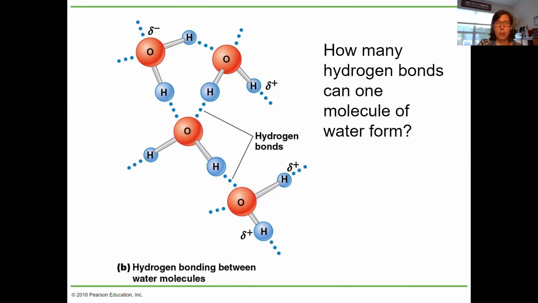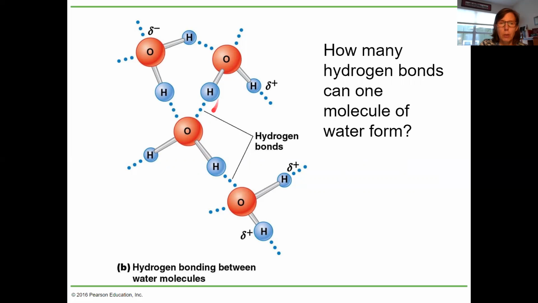All right, so I'm posing a question to you. How many hydrogen bonds can one molecule of water form? Okay, this oxygen, hydrogen, hydrogen, these 3 atoms form the molecule water. Now, molecules of water can associate in the liquid solution we think about as water. And it does this through all of these hydrogen bonds.